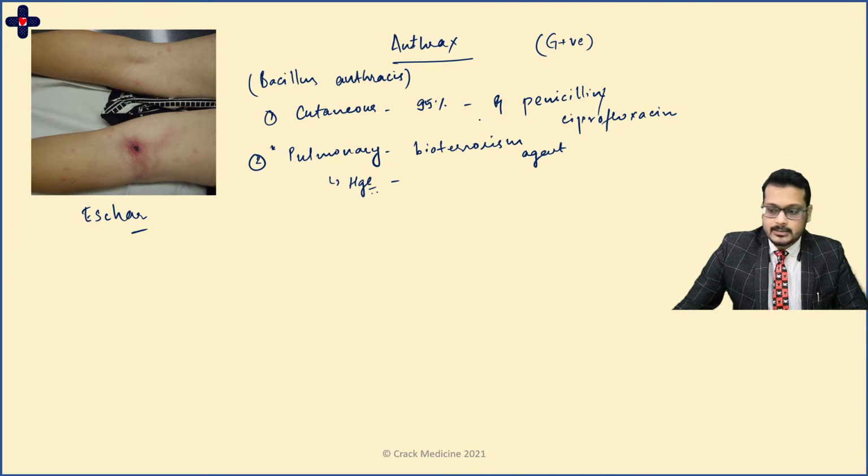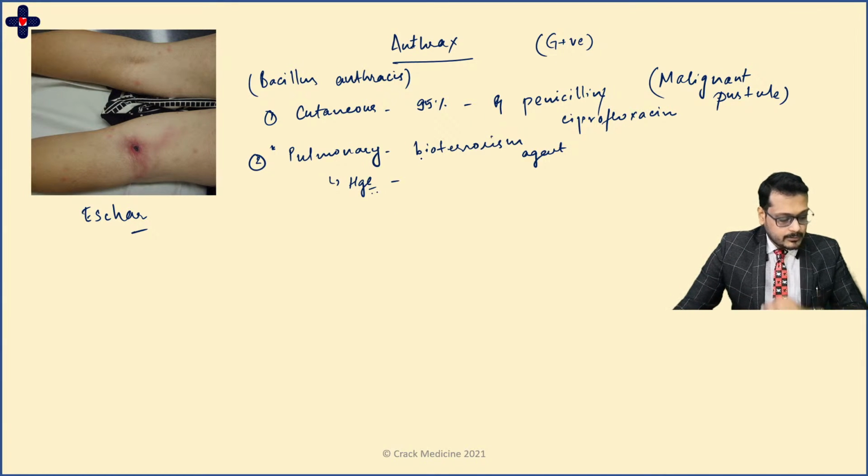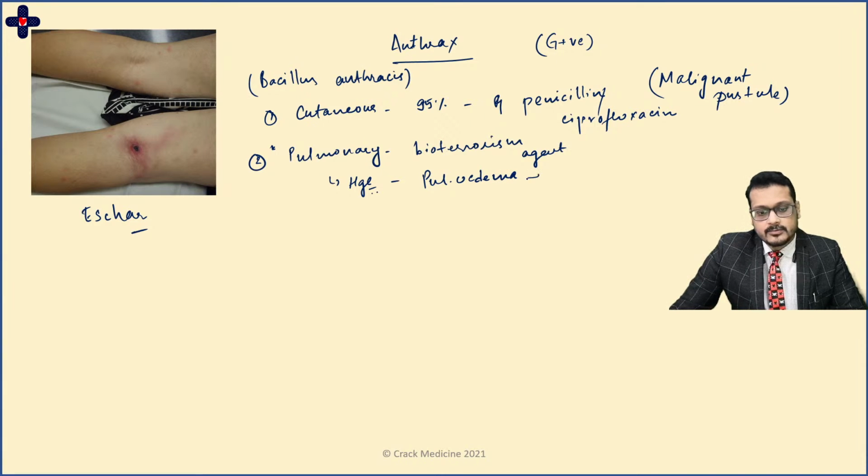Cutaneous form is called malignant pustule, which is neither malignant nor is there any pustule. Okay, so you also get pulmonary hemorrhages over here, and you get pulmonary edema, and you can also get cardiogenic shock because of the pulmonary edema.